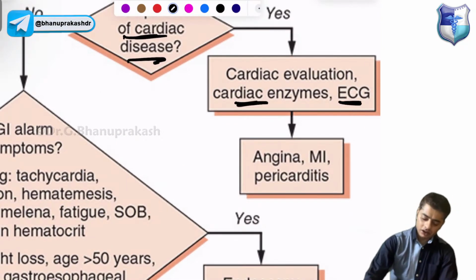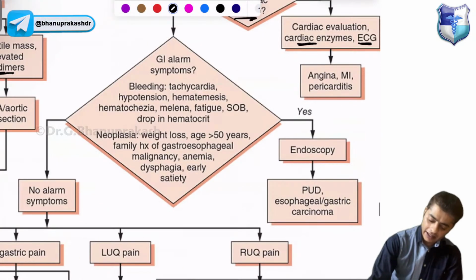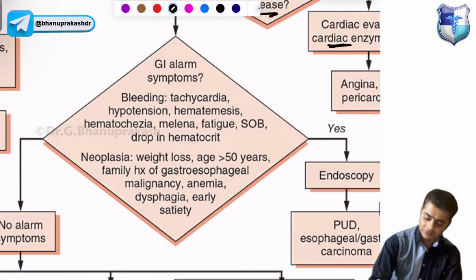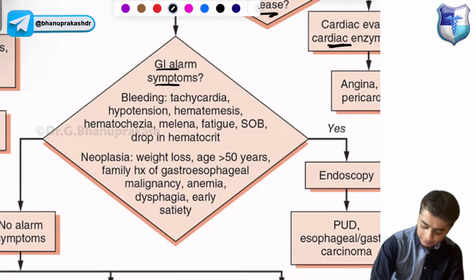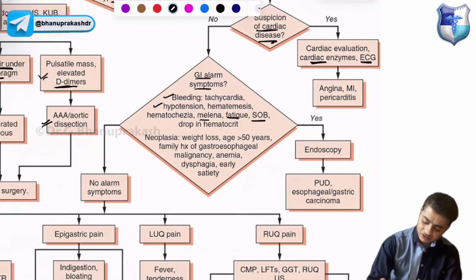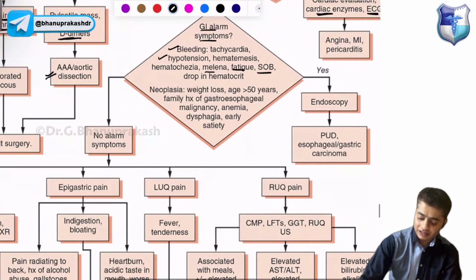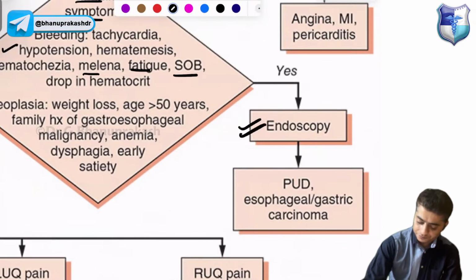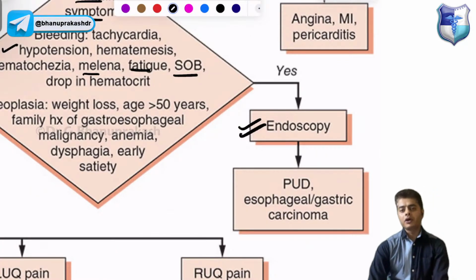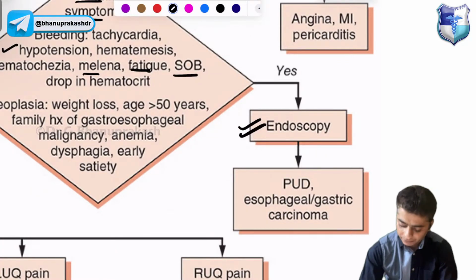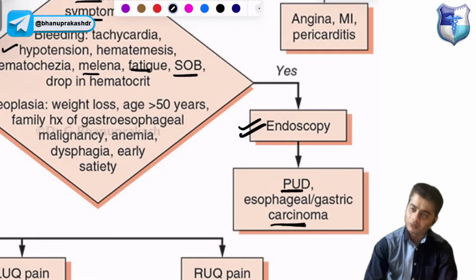If cardiac is ruled out, then we move to GI alarm symptoms. What are GI alarm symptoms? Bleeding, hypotension, melena, fatigue, shortness of breath. If these symptoms are present, we will send the patient for endoscopy, because these symptoms are generally seen in peptic ulcer disease or any kind of carcinoma.